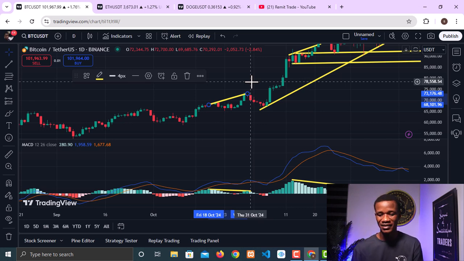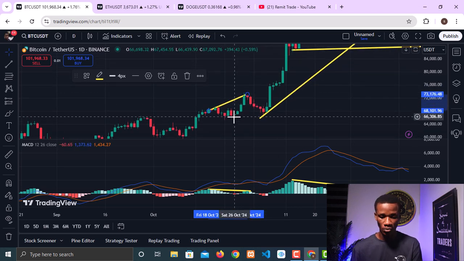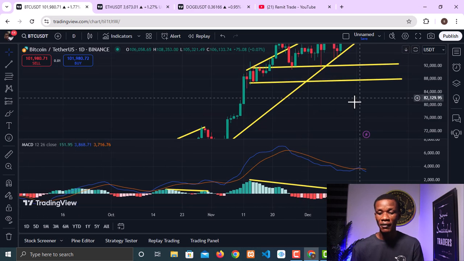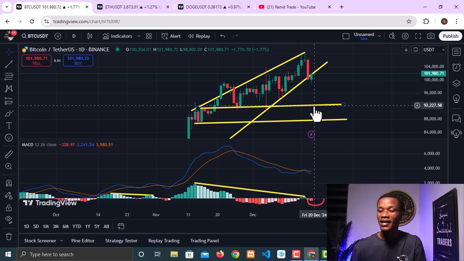Then what happened at that time? The market came back to the previous support, this very support right here, before it began to move up again, which means the market also has the capability of coming back into this very level of support again this time around before the next move to the upside. And this is what you must pay attention to right now if you trade the BTC USD 1-day chart.